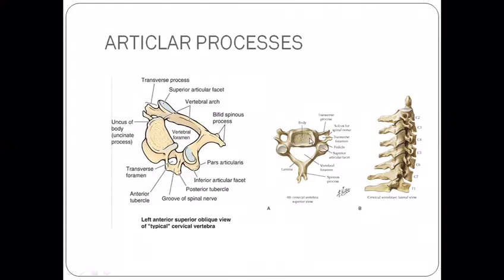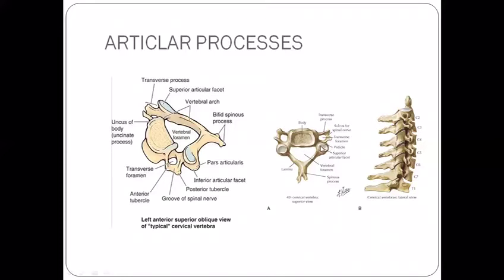In a typical cervical vertebra, the superior and inferior articular processes form an articular pillar. The lateral part of this articular pillar is grooved and it transmits the dorsal rami of the cervical nerves.